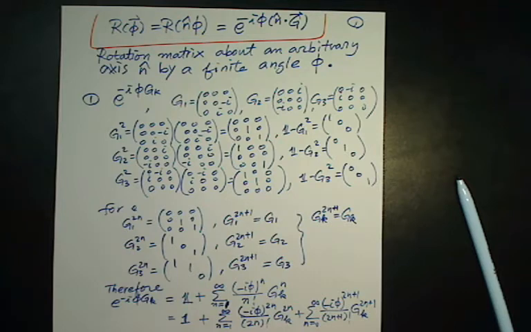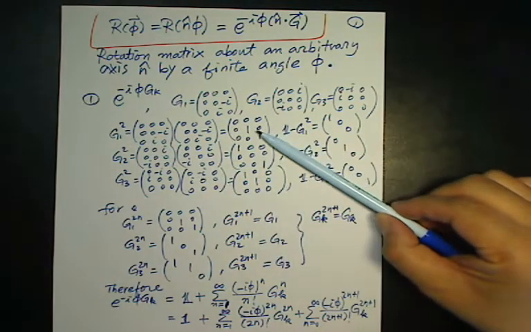Except for the two axes that are on a plane, any other axis does not contribute at all to the rotation. So rotation is only for two axes. Okay?